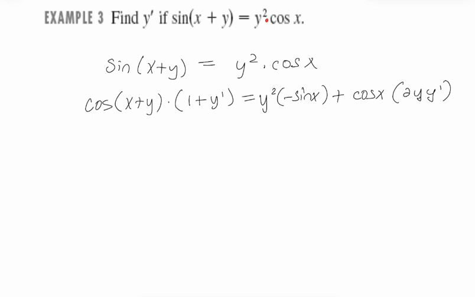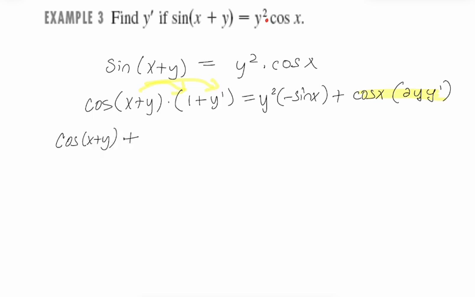Okay. Now what's great on the right side is this term is the only one that contains a y prime. The problem here is this is a product, so we have to distribute first before we can actually move terms around. So let's distribute. Okay, 1 times the cosine of x plus y is just the cosine of x plus y.